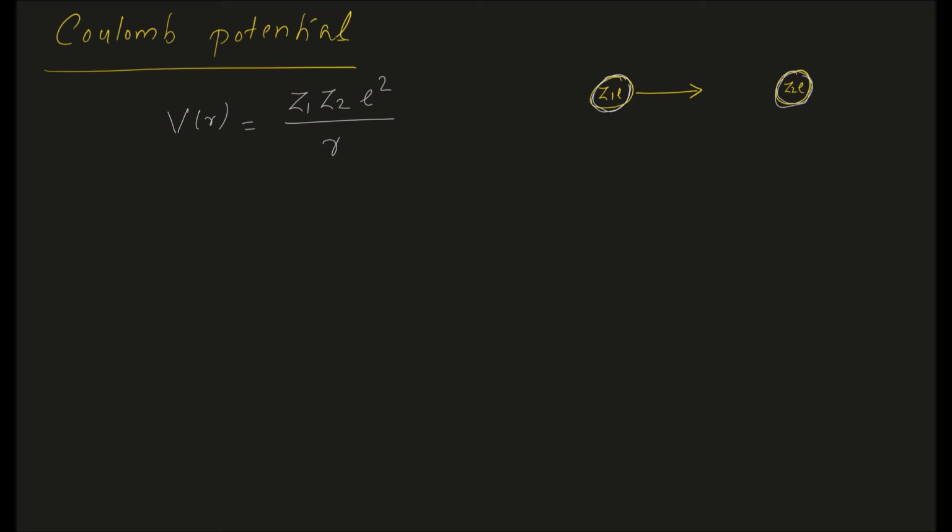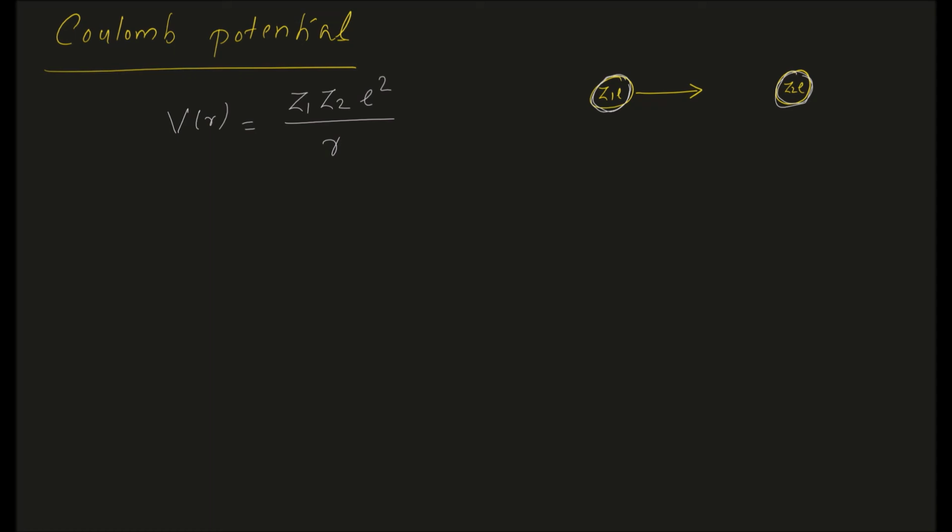So we are going to analyze what happens in this example. The potential is given by Z1 Z2 e square by r, where Z1e is the charge of the projectile and Z2e is the charge of the target particle respectively.